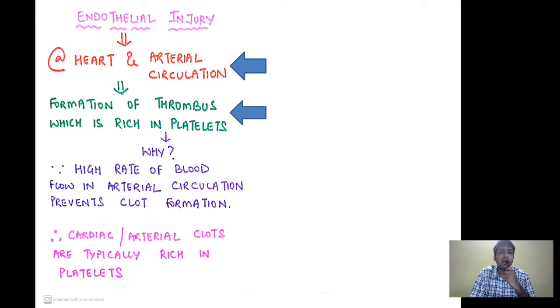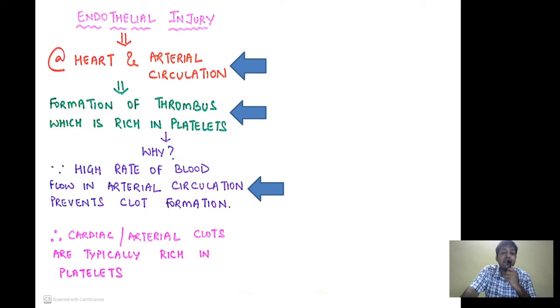Now you will ask me a question, why is it like this, sir? Because of the high rate of blood flow in the arterial circulation and in the heart, there is no clot formation, meaning there is just primary hemostasis. Secondary hemostasis cannot occur, so just the primary platelet plug is formed.